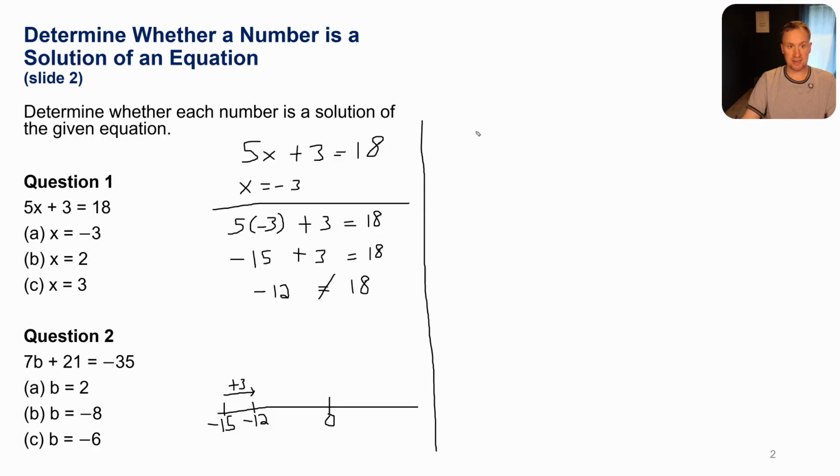Let's test the second variable now. So we have 5x plus 3 equals 18, and I'm going to test whether x equals 2 satisfies this equation.